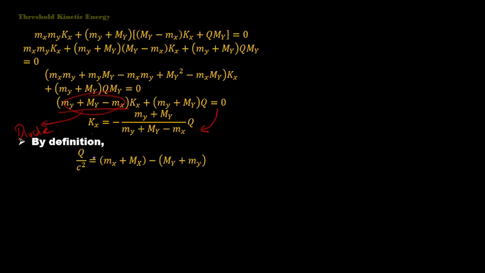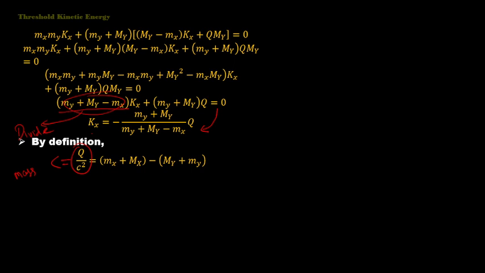Now the definition of Q value. This equation represents the definition of Q value, the difference in the mass energies of reacting particles and product particles. We have only taken c squared on the left hand side. Now the value of this Q by c squared has the dimension of mass, and this value is much small as compared to the masses of particles in the nuclear reaction: projectile particle, parent nucleus, daughter nucleus, and outgoing particle.